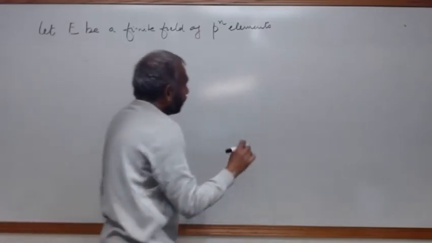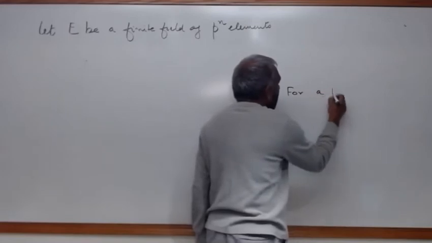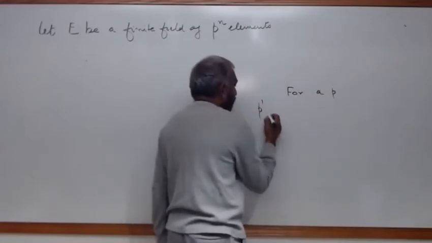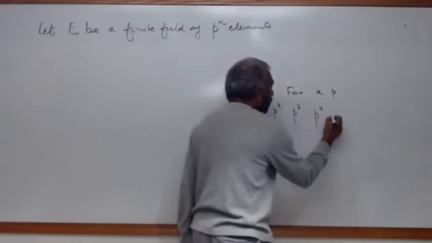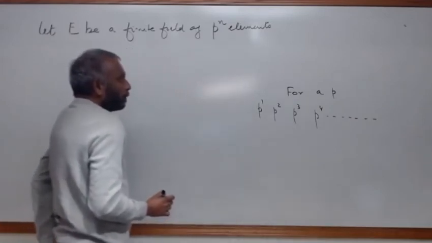See, for a prime p, we have finite fields of p, p squared, p cubed, p to the 4 elements.